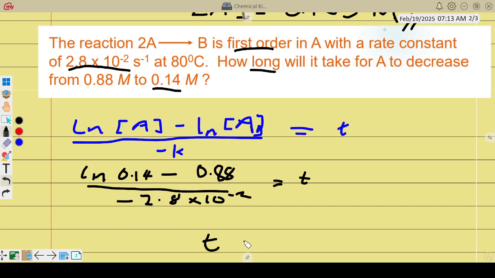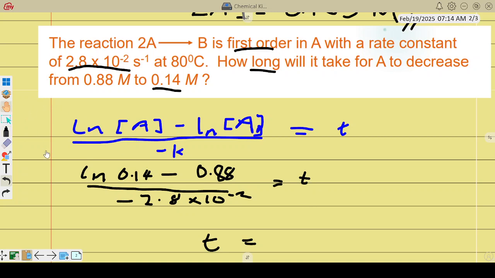So time will be equal to what are you getting? Make sure on your calculator you never punch everything at once, except you're using a better programmed calculator. The approach you follow is you say what is ln 0.14 minus ln 0.88.